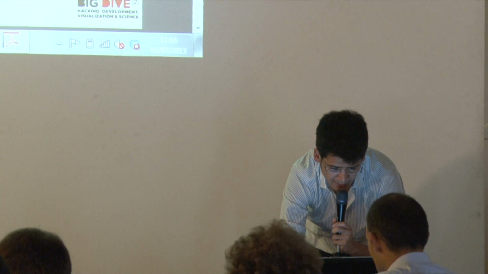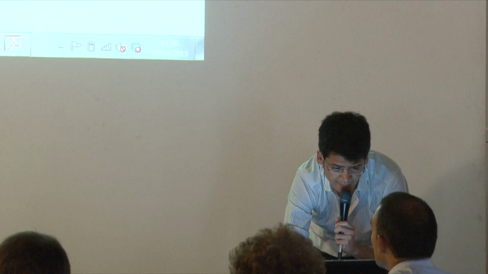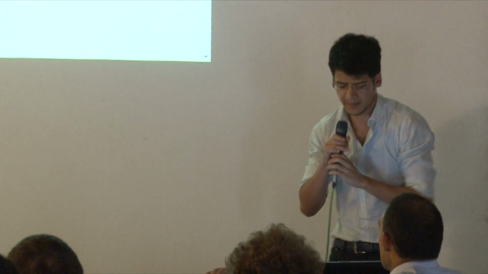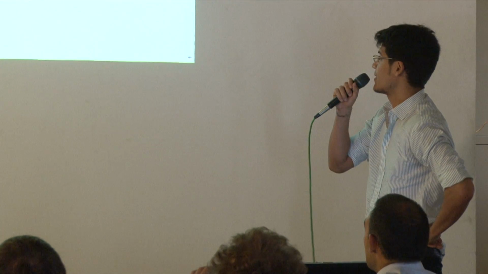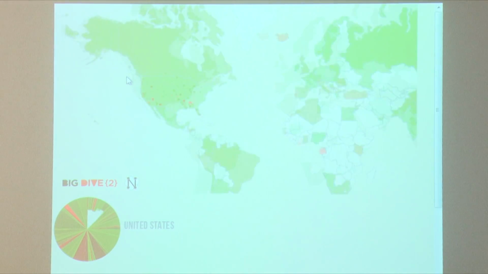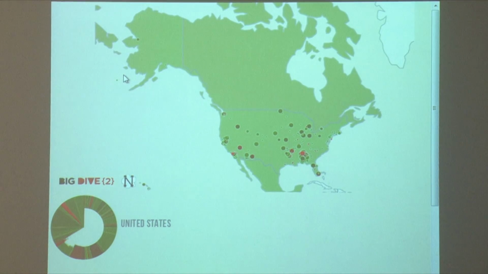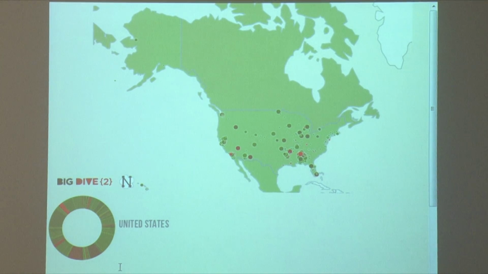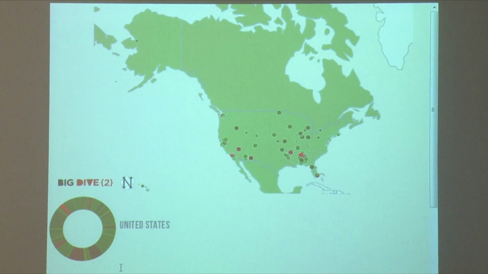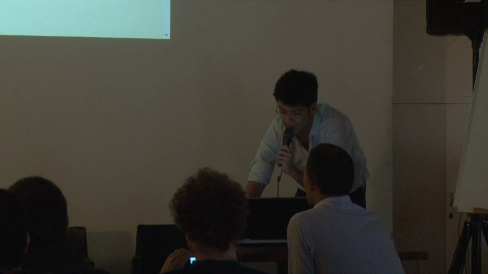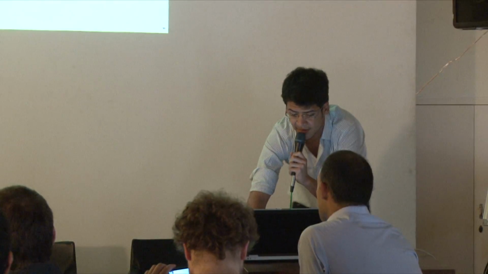This is the representation of the world, and if you click, for example, on the United States, you can see that in this graph every section represents a specific provider, and the size represents the number of Neubot instances that perform measurements.